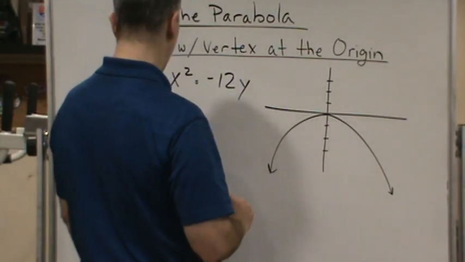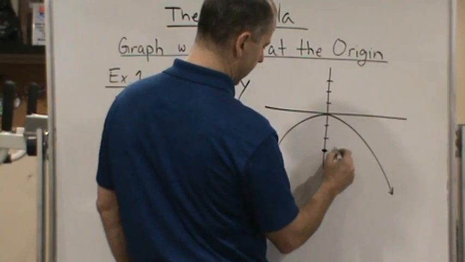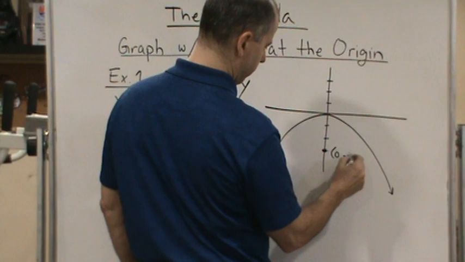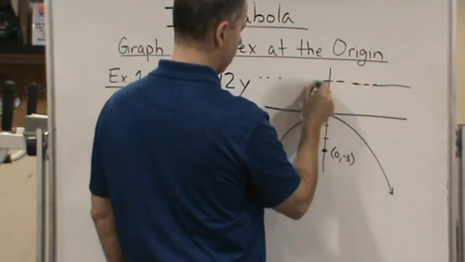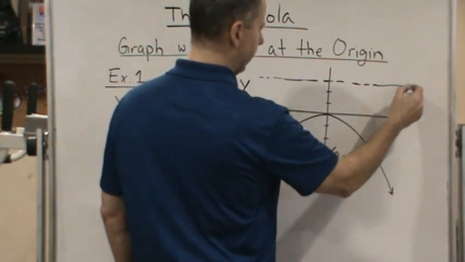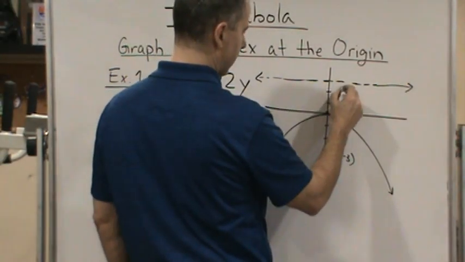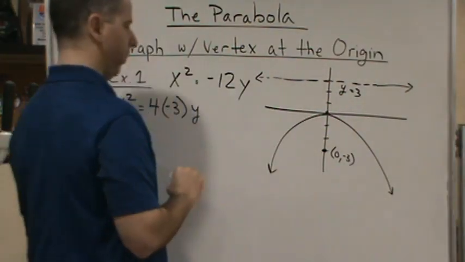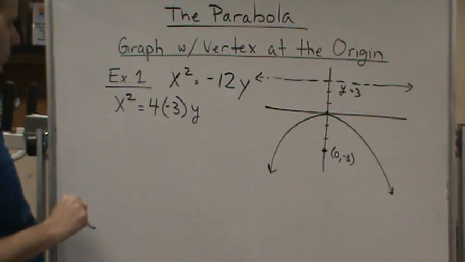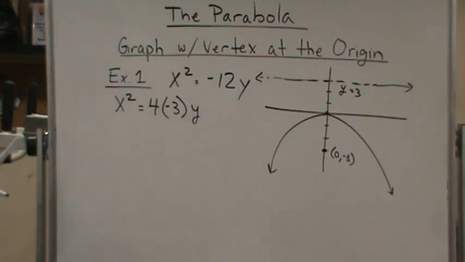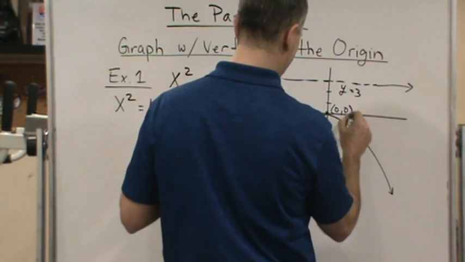And so now, well, if it's opening down, we know that the focus is going to be here at 0, negative 3. That means the directrix is going to be here, equidistant from the vertex, and that's going to be at y equals 3. Okay, so the vertex is going to be at obviously the origin.